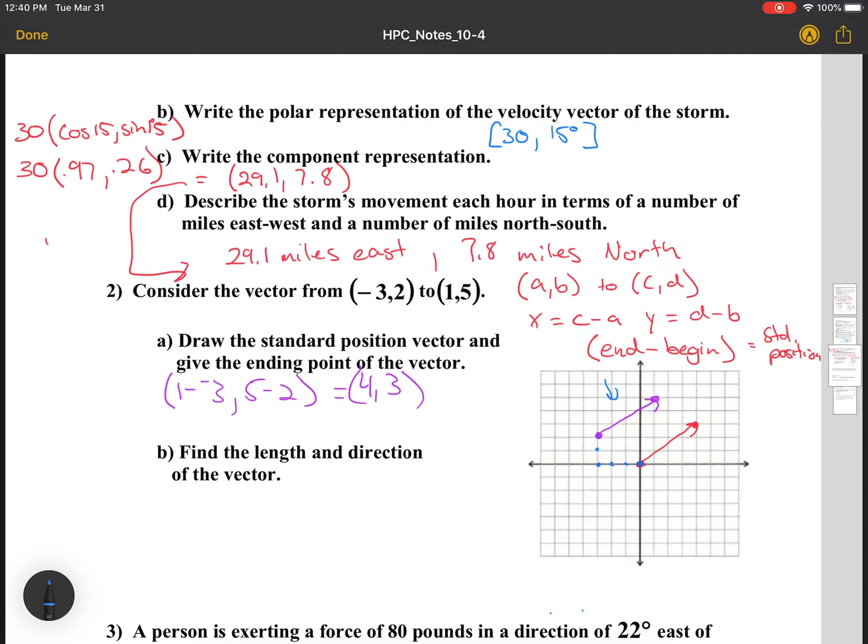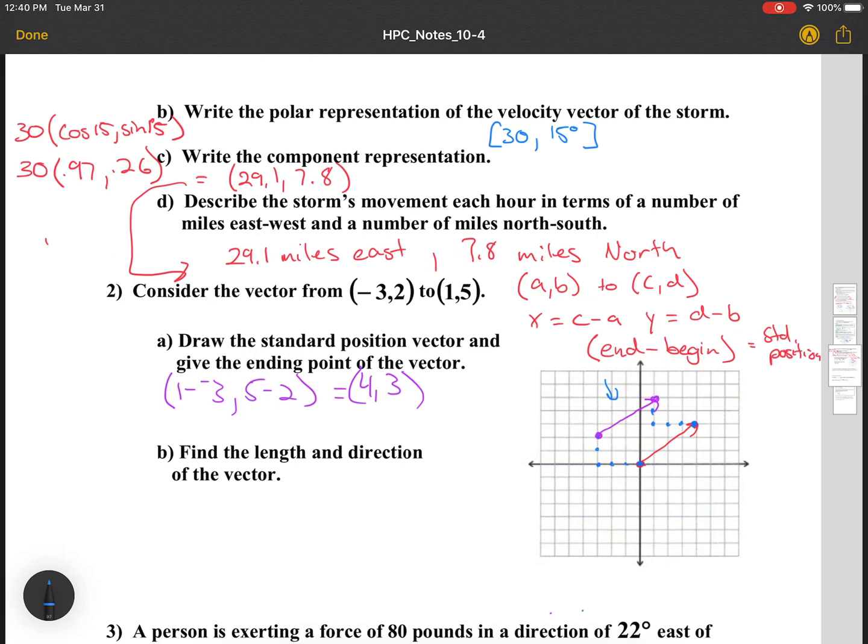So you can go up to your tip top point and go 1, 2, 1, 2, 3. See how that got you that 4, 3? That's all we're doing. We're shifting our vector to standard position. So if you ever forget that little C minus A, D minus B thing, you can always do it graphically by shifting it.